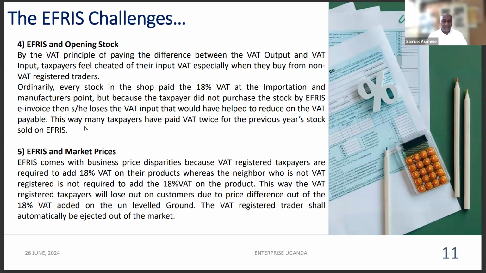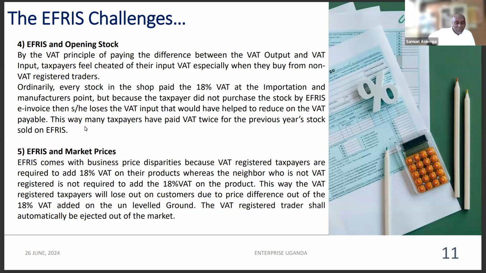The VAT registered trader shall automatically, in one way or another, be ejected out of the market. Let me put it in a real life example: I am a VAT registered taxpayer. We are all selling a product at 10,000. I will be required to add on 18%, which is about 1,800, so my price will be 11,800.